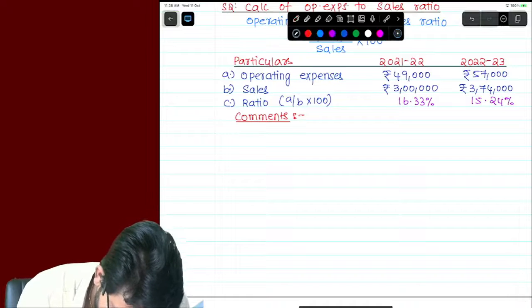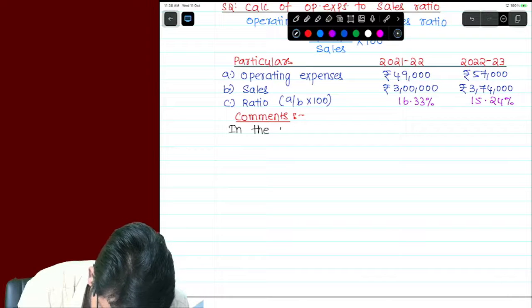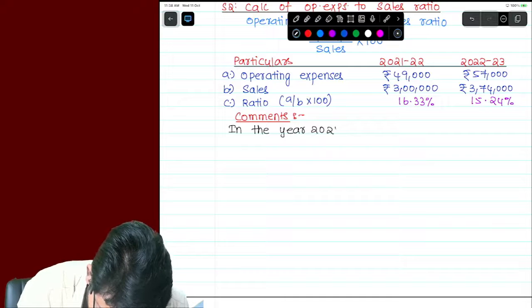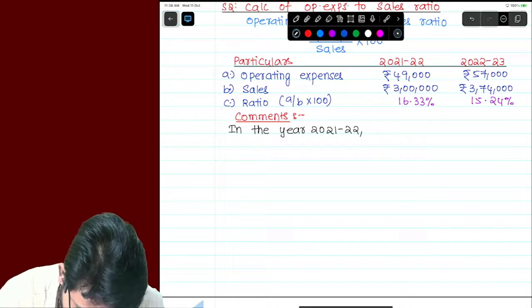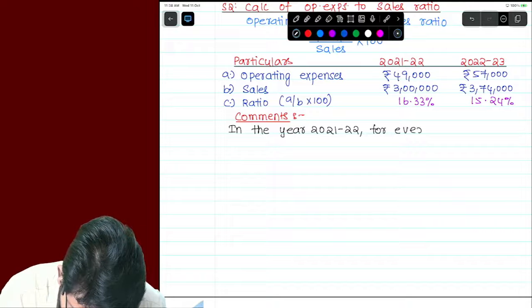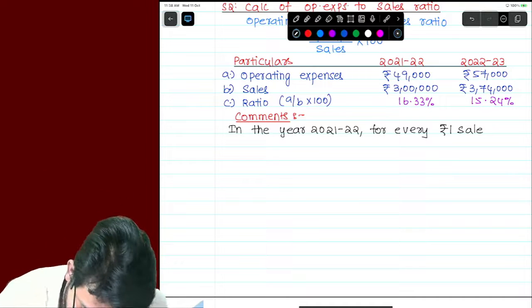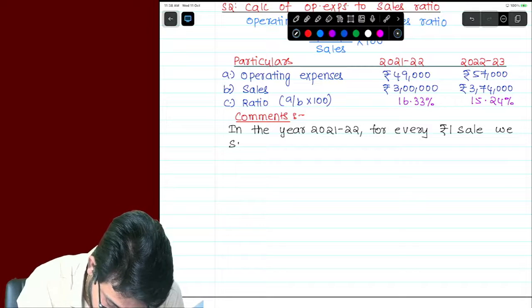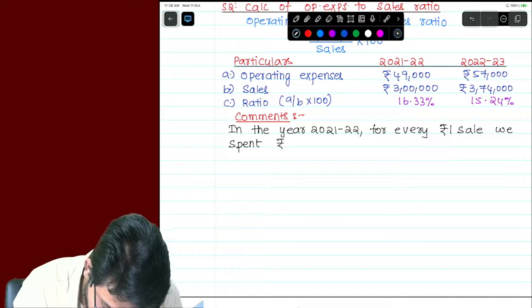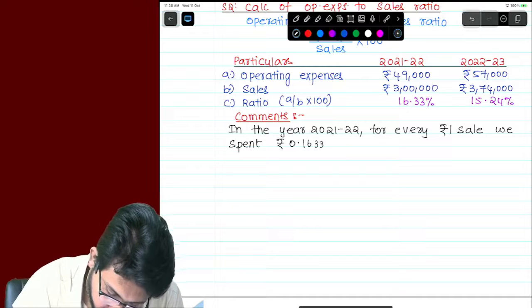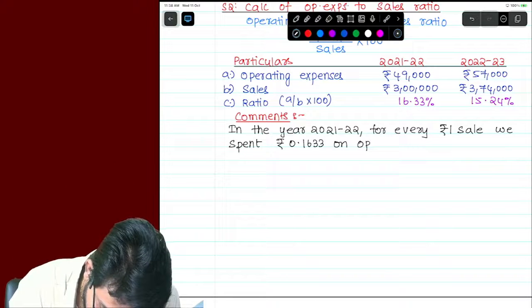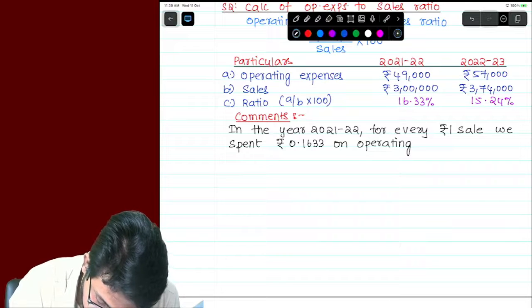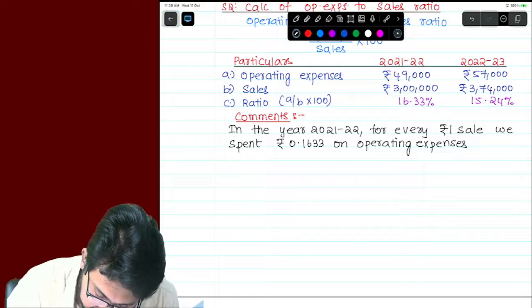Write down. In the year 21-22, for every rupee 1 sale, we spent rupee 0.1633 on operating expenses.